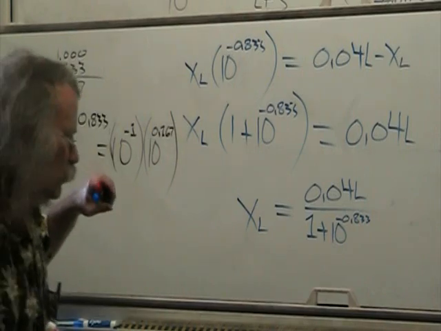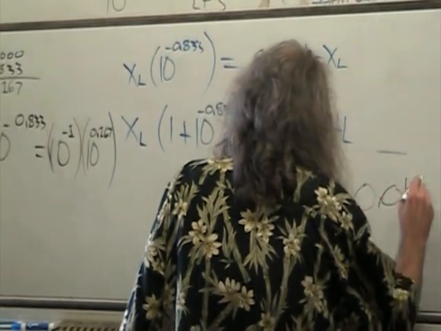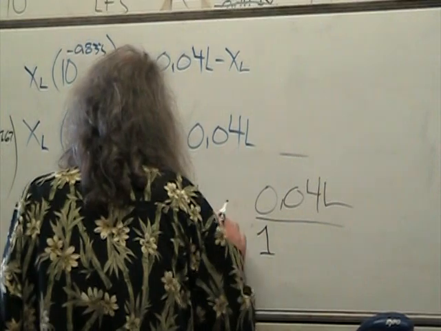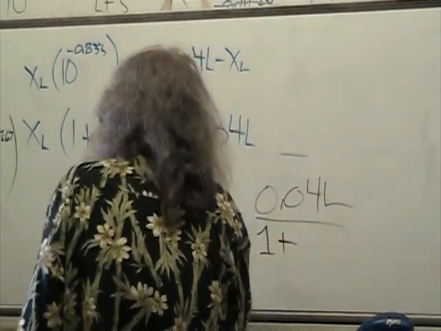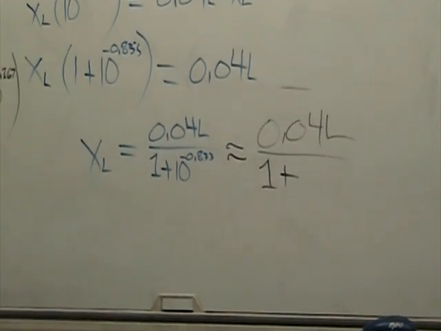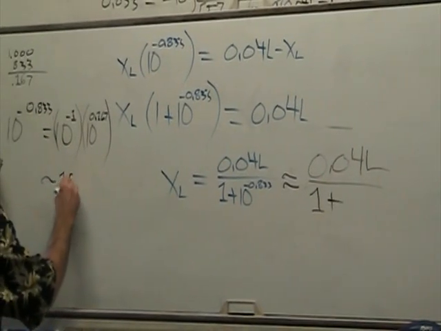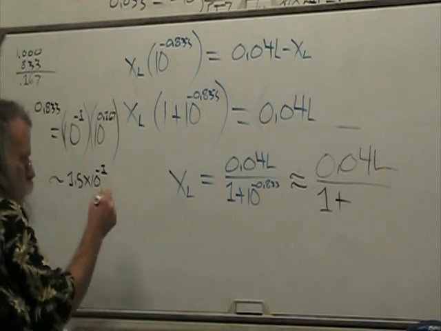So that is equal to 0.04 liters over 1 plus approximately 1.5 times 10 to the minus 1, which is 0.15.